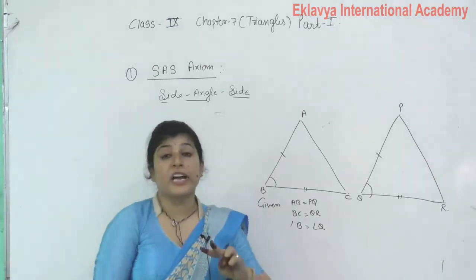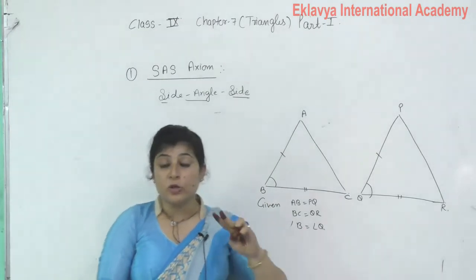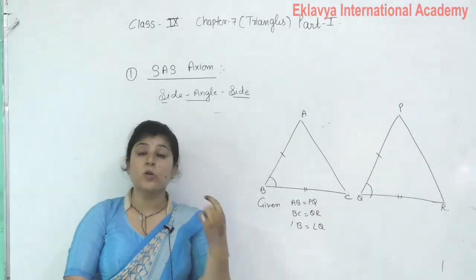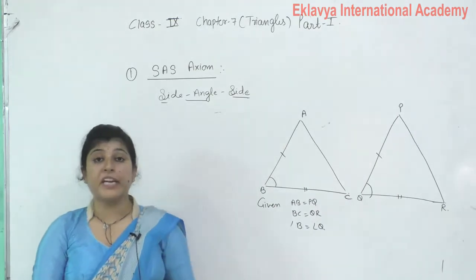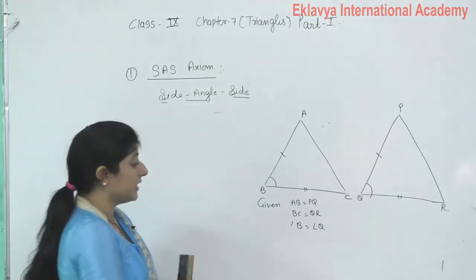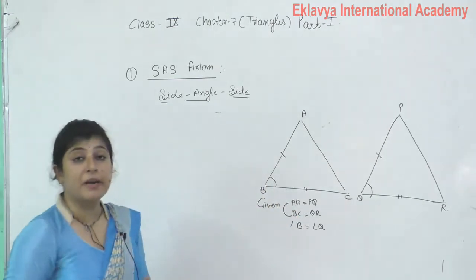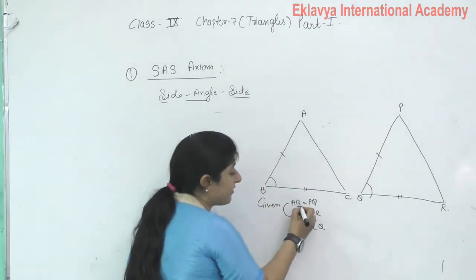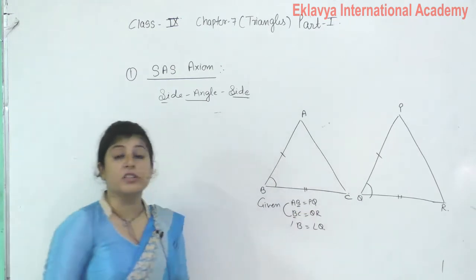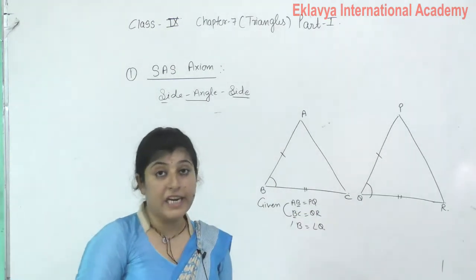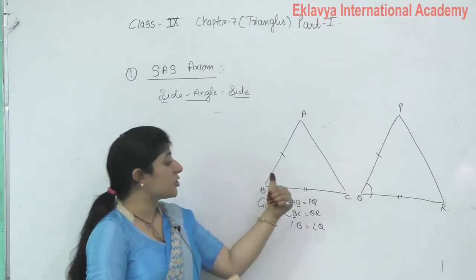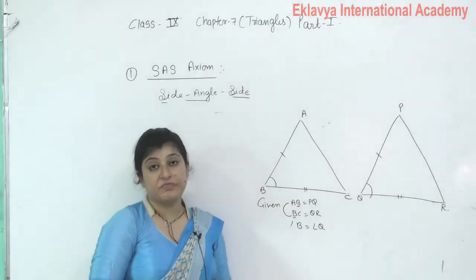कोई भी दो ट्राइंगल में अगर कोई भी दो साइड एंड इंक्लूडेड एंगल, what is the meaning of included angle here? See, we are taking these two sides AB and BC. So if you see what is the common vertex in both sides, B, it means our angle should be B here.